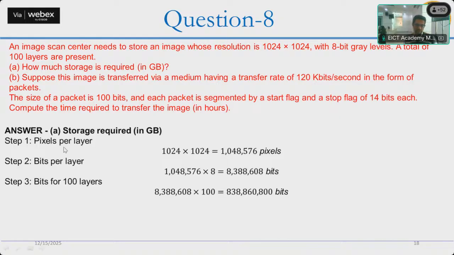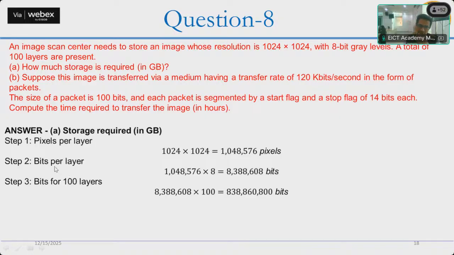Whenever we say the image resolution is given, it is in pixels. Pixels per layer is 1024 by 1024, which is 2 raised to the power 10 times 2 raised to the power 10, so 2 raised to the power 20.